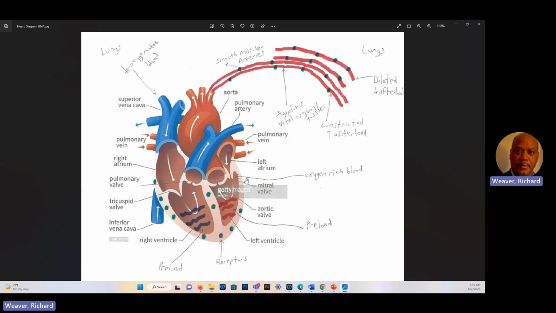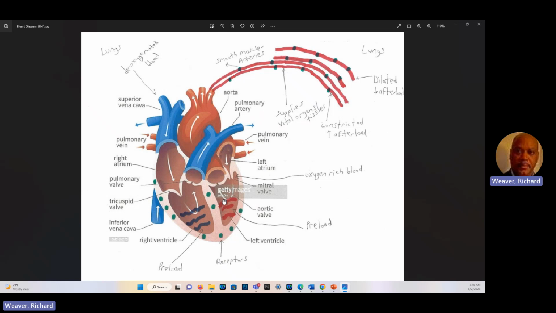And so if someone has a blood pressure of, let's say, 200 over 120, then they are looking more like this. They're very constricted. And what happens is when the afterload is increased, the left ventricle has to work very hard to the point that that high pressure can actually damage the heart muscle.